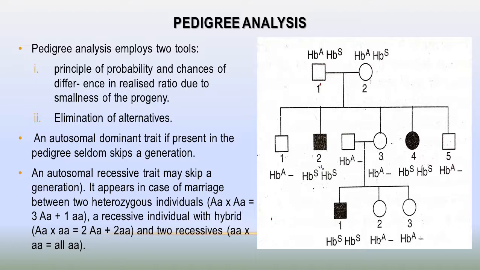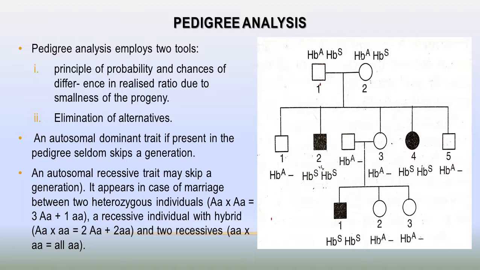In the third generation, the third offspring of the second generation marries a normal male, so he has either HBA HBA or HBA HBS, depending upon probability.